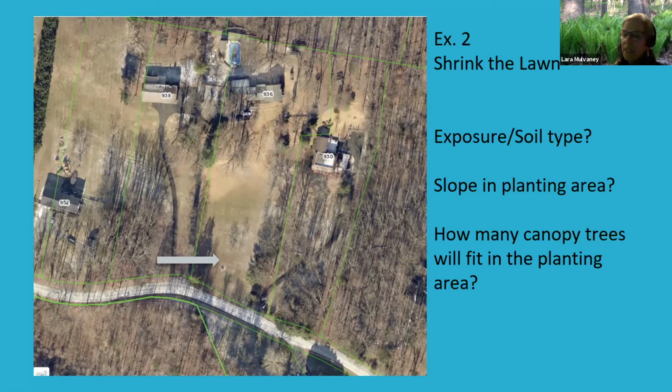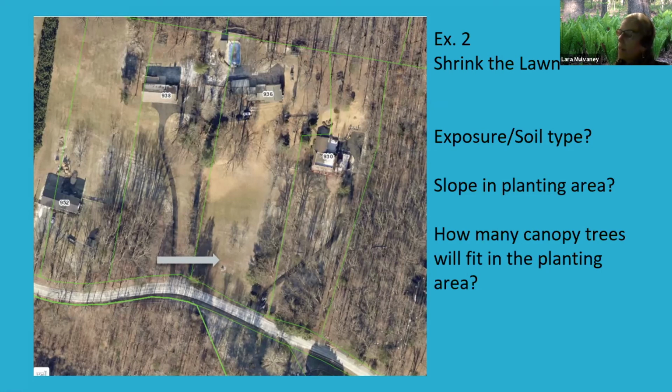In this particular case, the owner was very interested in planting the sloped part of the property. As explained to me, she wanted to keep the middle part of the property before the hill started, was the term she used. And she wanted to plant as many canopy trees as would fit.